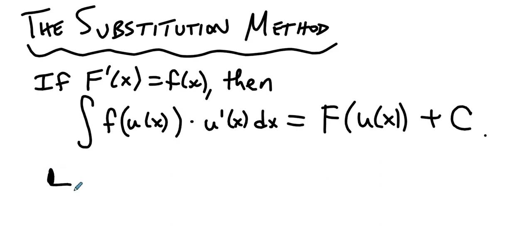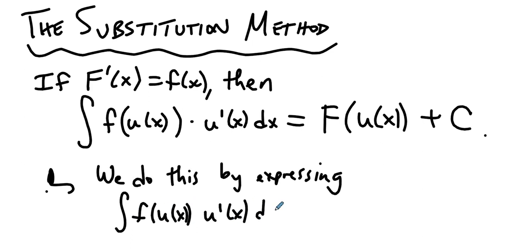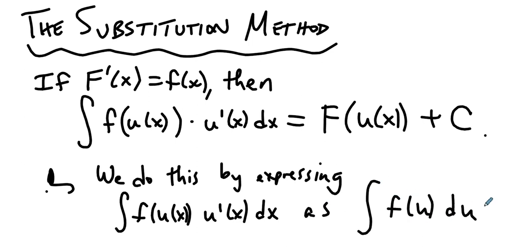And as a side note here, did you turn your head? I hope so. We do this by expressing the integral of f of u of x, u prime of x dx as the integral of f of u du.